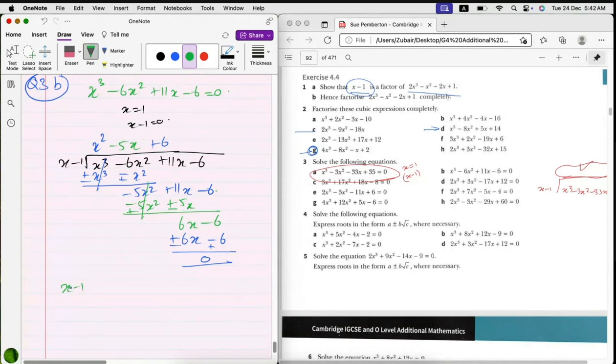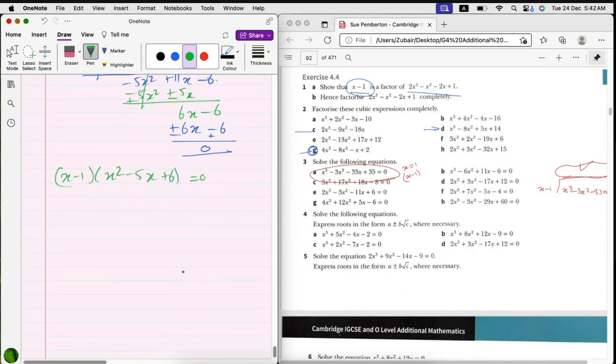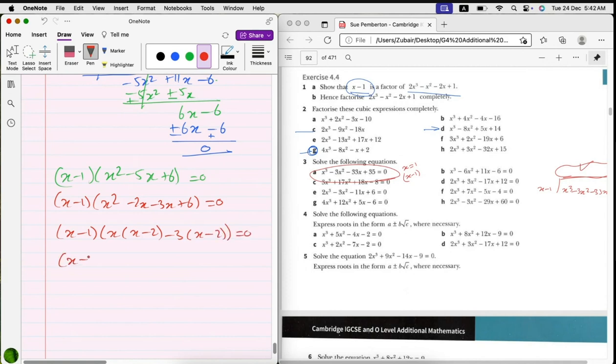So this is x minus 1 into x square minus 5x plus 6 equals 0. x minus 1, second part, x square minus 2x minus 3x plus 6 equals 0. x minus 1, x common, x minus 2, minus 3 common, x minus 2 equals 0. x minus 1 into x minus 3 into x minus 2 equals 0.